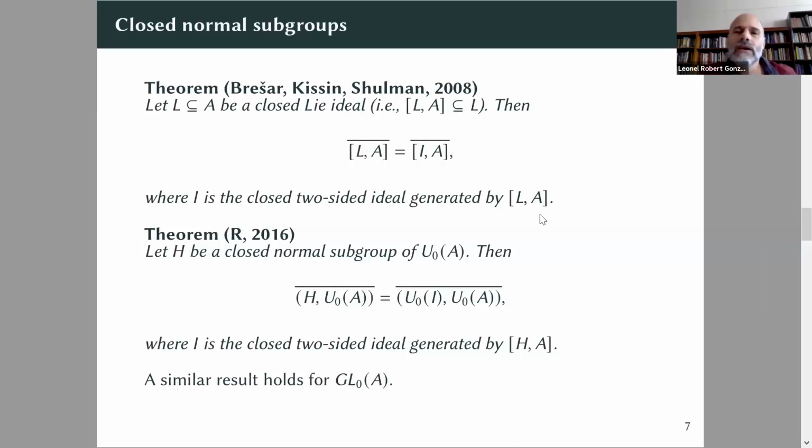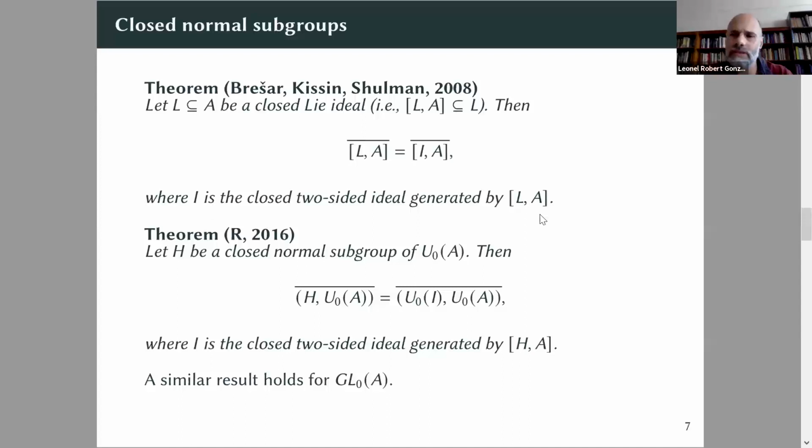The theorem of Brešar, Kissin, and Shulman, if you spend a little time looking at it, describes all closed Lie ideals, because it ties them to closed two-sided ideals. If you understand the lattice of closed two-sided ideals, then you see how closed Lie ideals emerge from that.